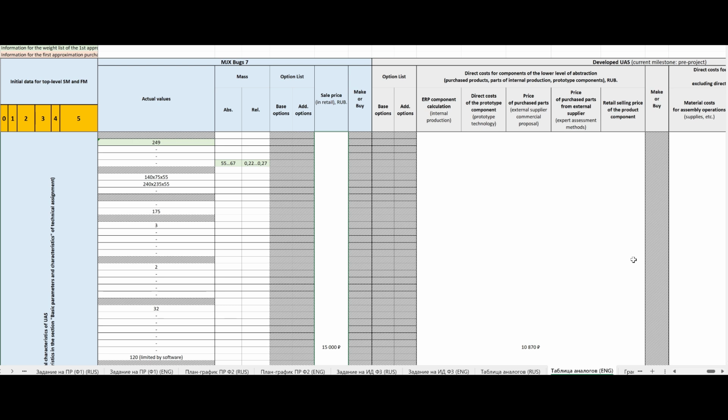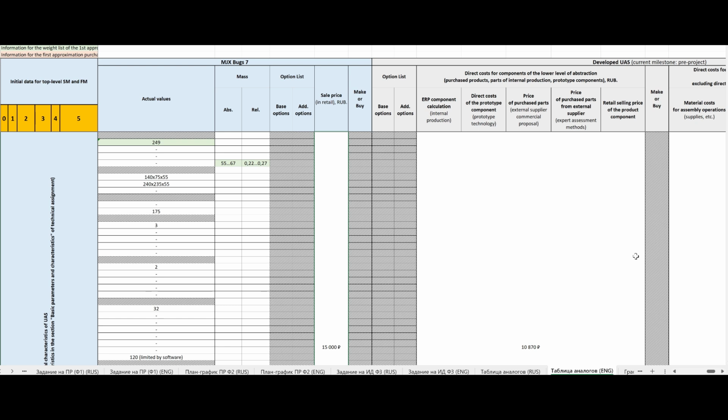For MGX Box 7, the retail selling price of the product component field isn't filled for all components, since most of them, except for consumables and the most expensive ones, are designed for the entire life cycle: sensors, diodes, etc. No one will change them in such a drone because it would cost them as much as buying a new drone.